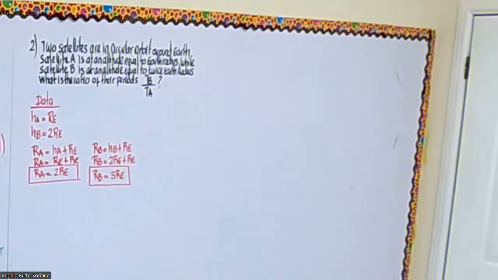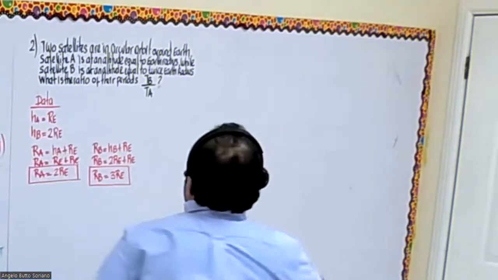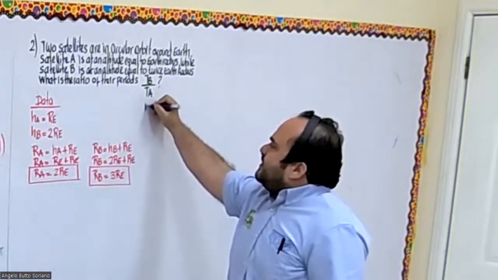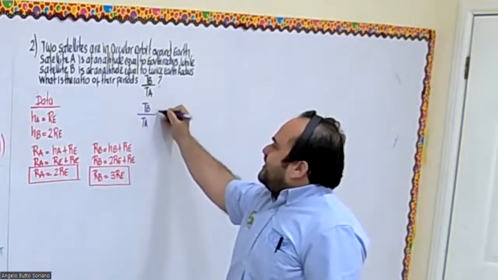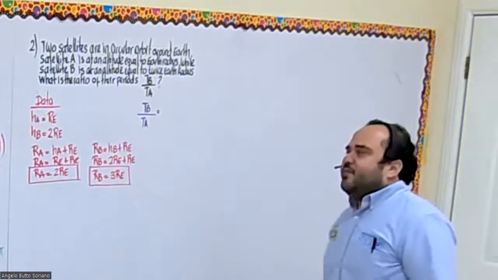Now let's follow what the equation says. We are looking for the ratio between period B over period A. What is the formula for the period?